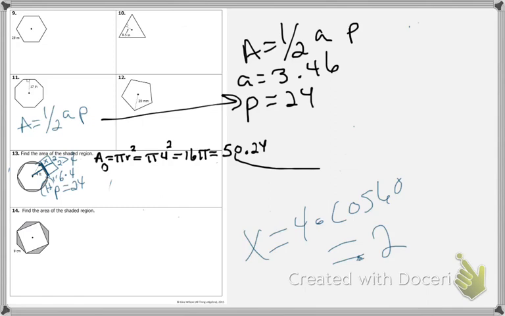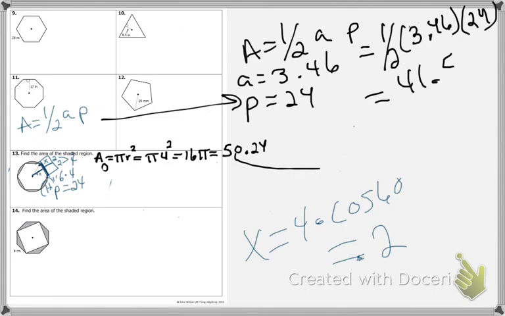So now we substitute 1/2 times 3.46 times 24, and we get 41.52.